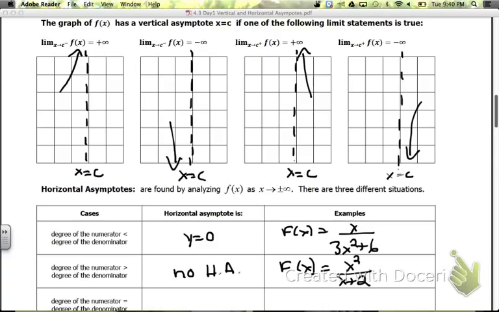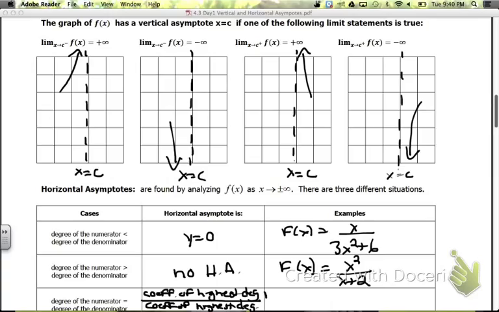And our last case here is that the degree of the numerator and denominator, so the highest degrees in each, are equal to one another. It's going to be equal to the coefficient of the highest degree in our numerator over the coefficient of the highest degree in our denominator.